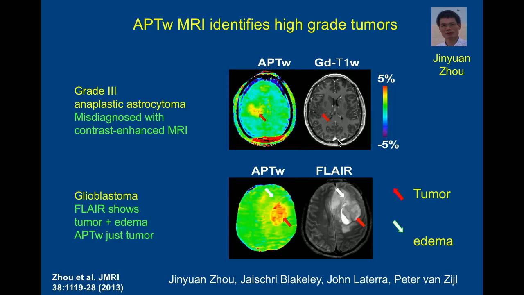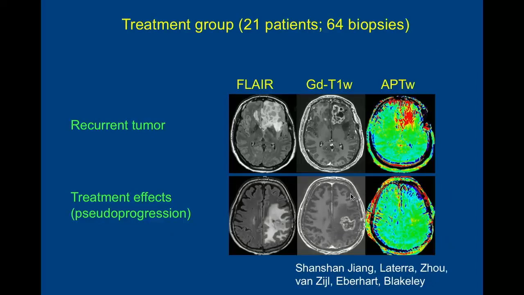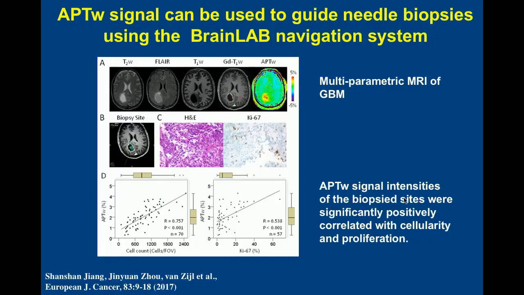And again, here are some very nice images. For the high-grade glioblastoma, you see very, very nice CEST contrast maps, which are different from the FLAIR images and allow you to really see quite nicely the high-grade tumors. You can also differentiate between recurrent tumor and pseudoprogression. They've shown this in some other studies.